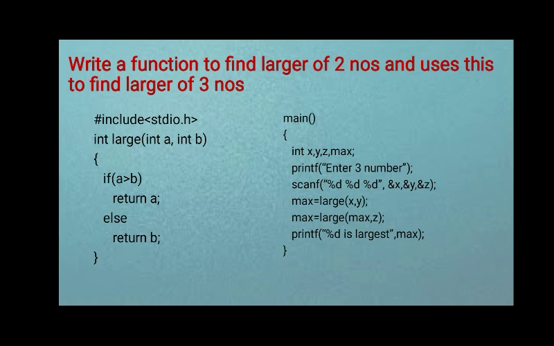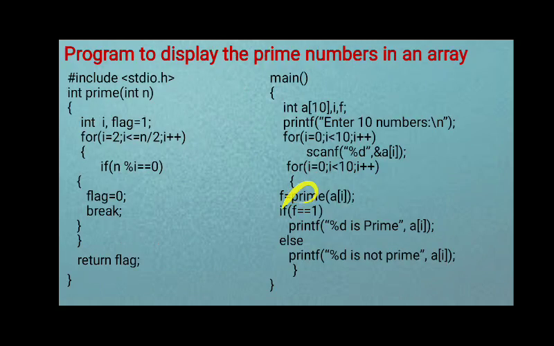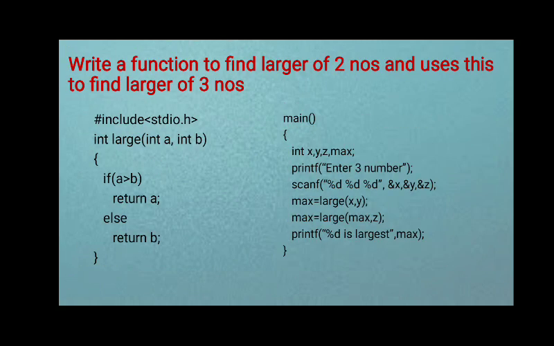And then next I am going to find the largest of this max and z. So the largest of x and y will be stored in this max, and then max and z are compared to find the largest of the two, and that will be stored again in the variable max. So finally the variable max will contain the largest of three numbers.